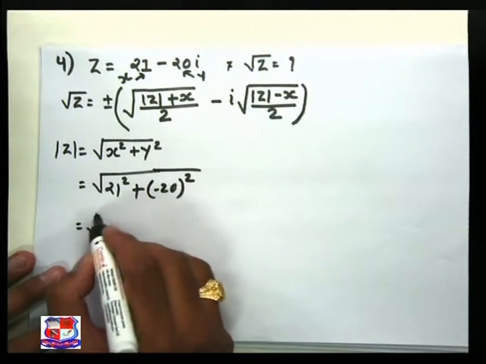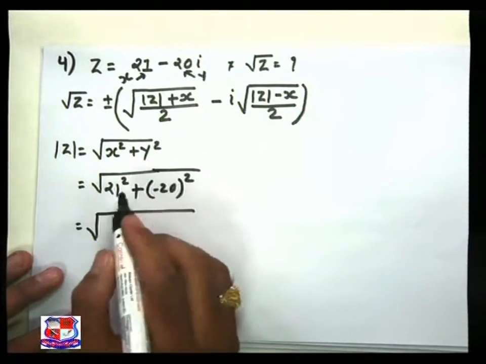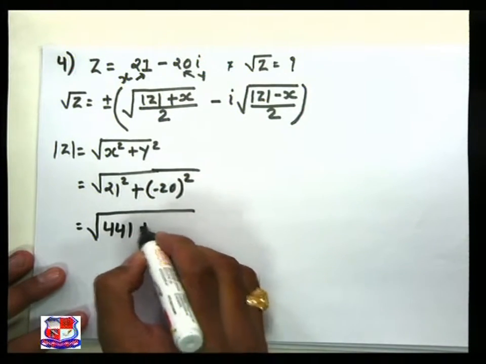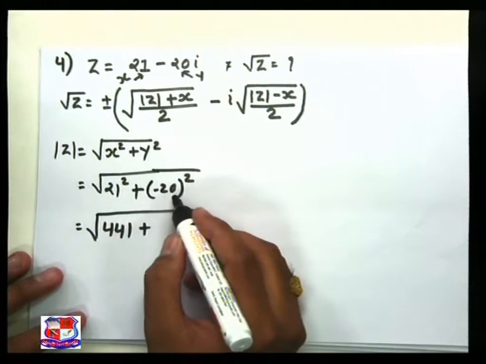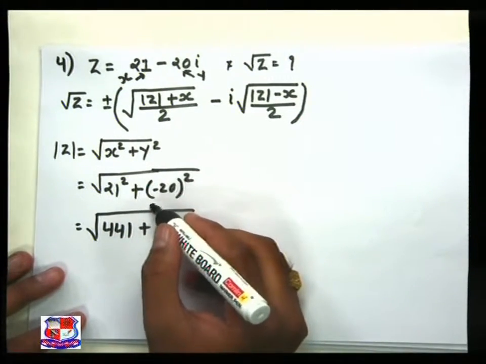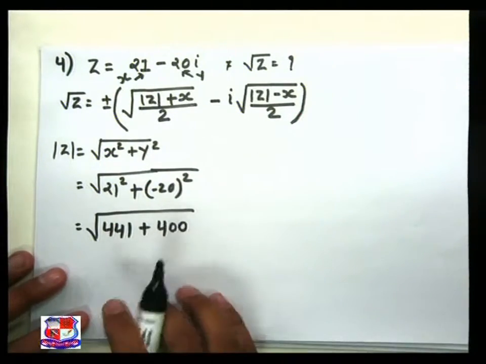Now simplify: 21 square, that is 441, plus minus 20 square, so negative square becomes positive, and 20 square, that is 400.